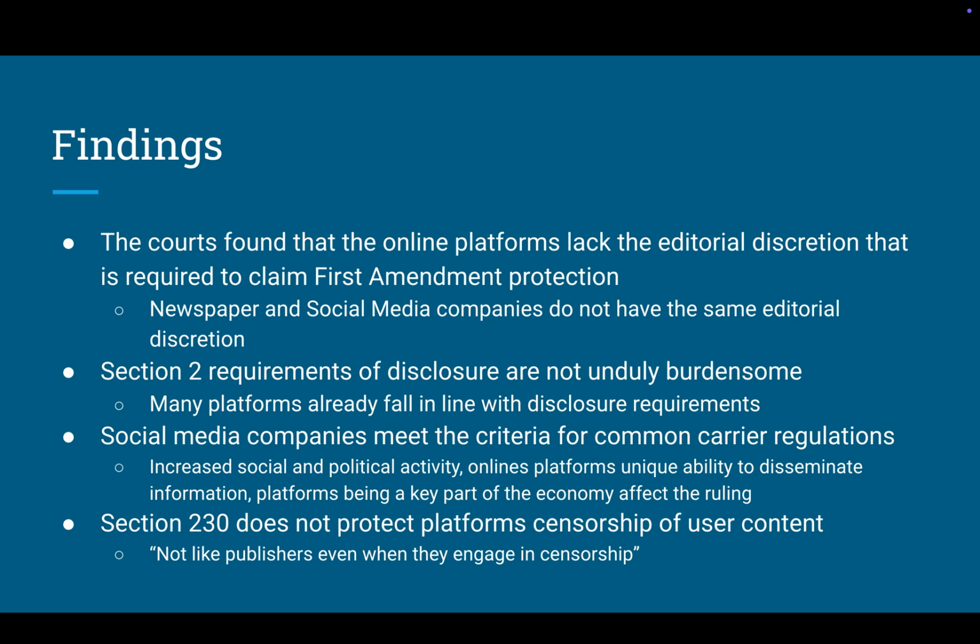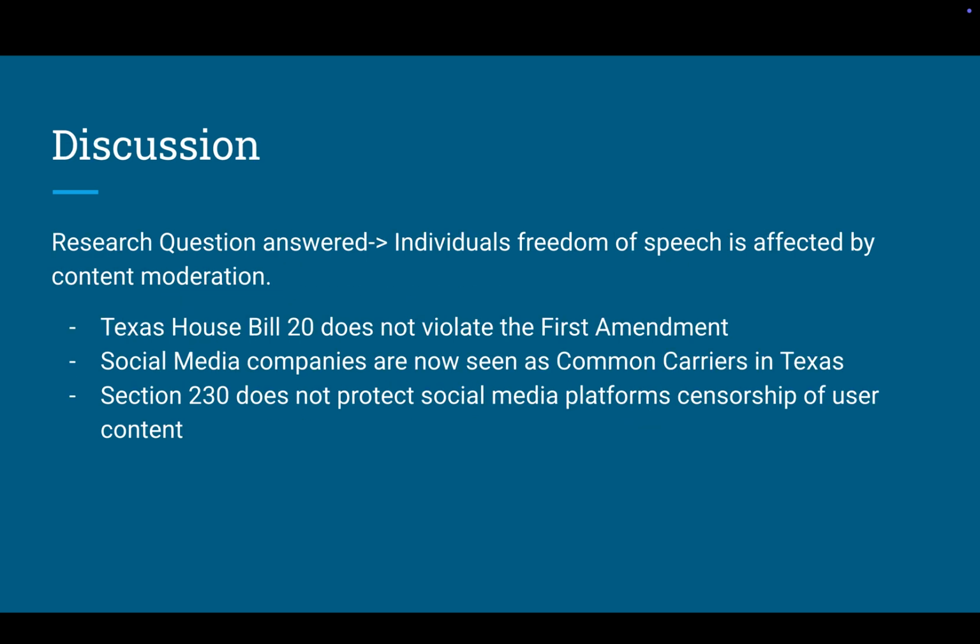Furthermore, the courts found that the common carrier doctrine helped further empower the Texas legislature to prevent online platforms from discriminating against users' viewpoints in the state of Texas. The court ruled that Texas House Bill 20 does not violate the First Amendment. The statute in question is held to regulate platform conduct rather than platform speech.